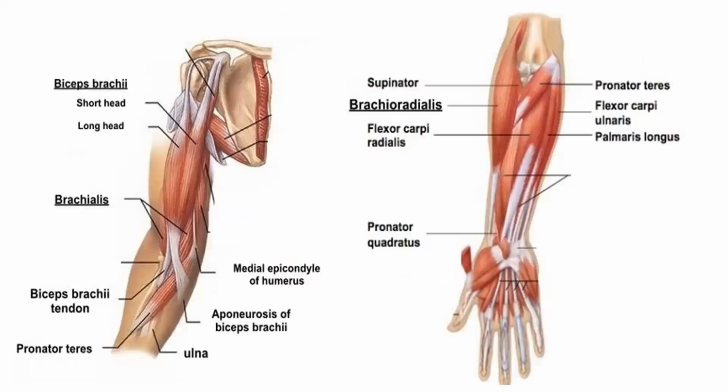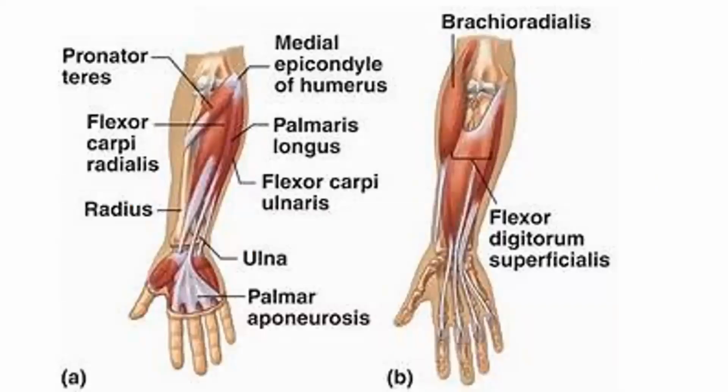Then you have the deep structures. What I'm speaking about on the left-hand side are the superficial structures, namely the pronator teres, the flexor carpi radialis, the palmaris longus, and the flexor carpi ulnaris.